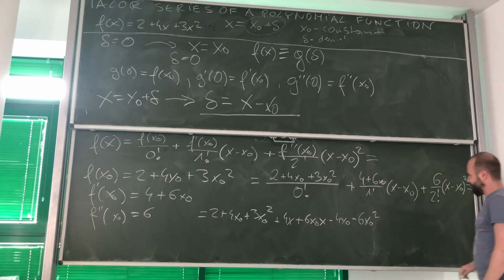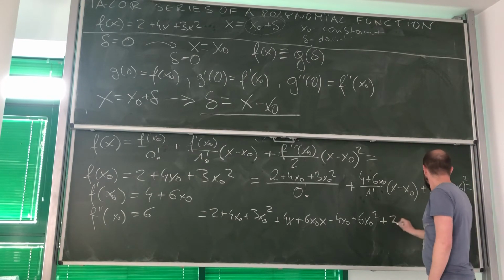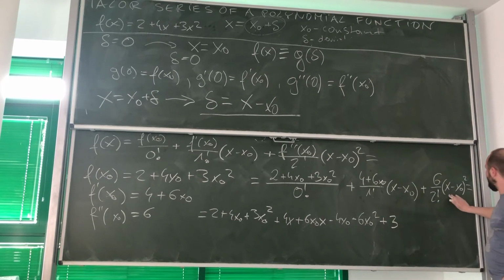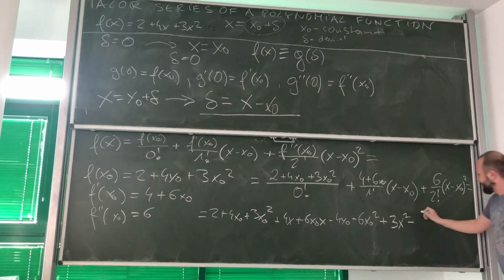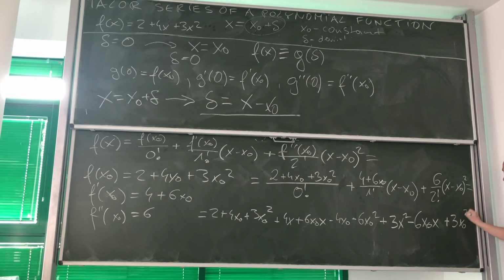Okay, here we will have 3 plus 3, right? 3 times x squared, right? Minus 6x0x, and finally plus 3x0 squared.